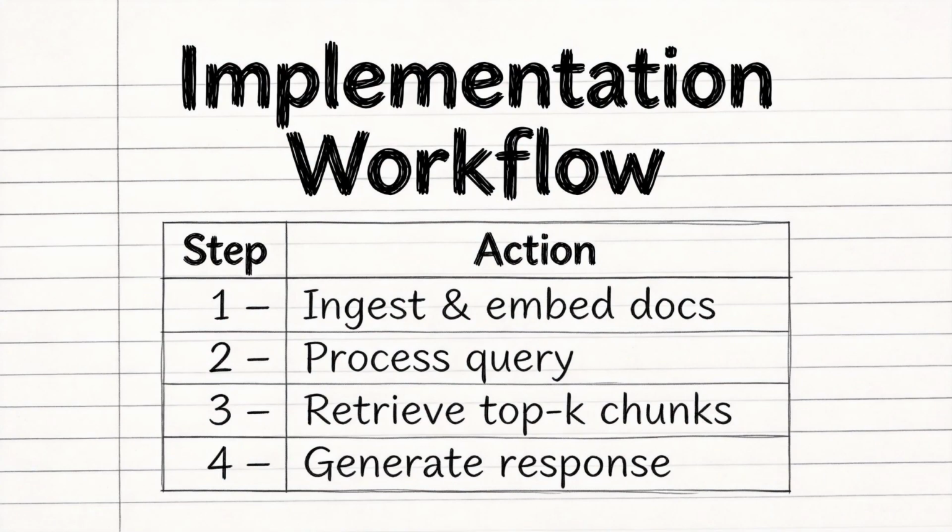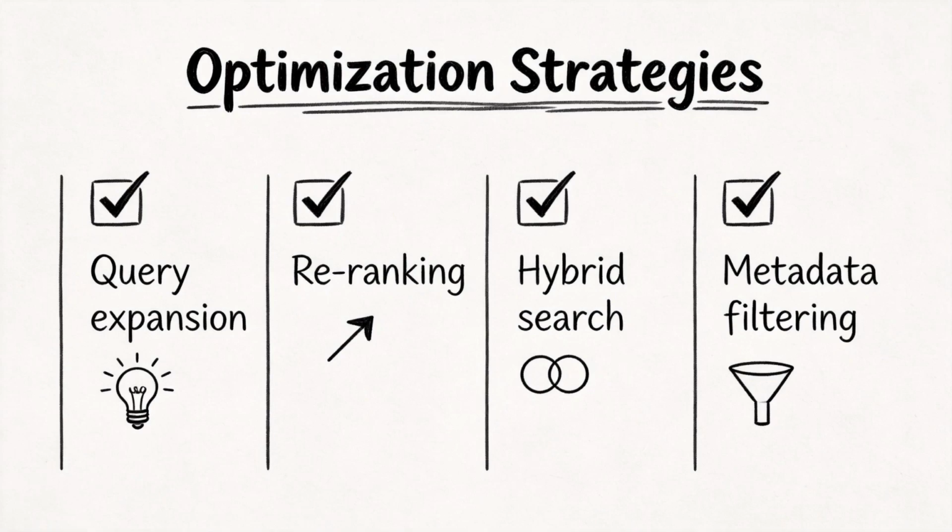Third, the system retrieves the top K most relevant document chunks based on vector similarity. Optionally, you might re-rank these results. Finally, the retrieved context and original query are combined into a prompt that's sent to the LLM to generate the final answer.